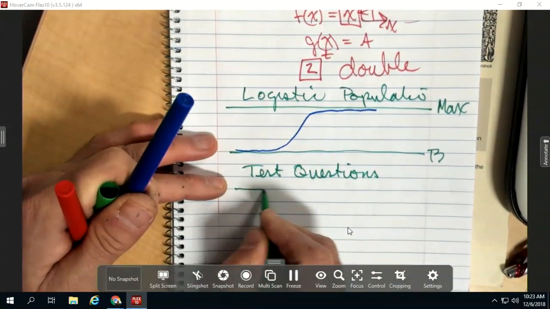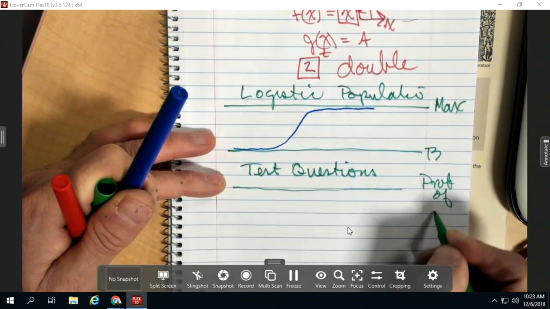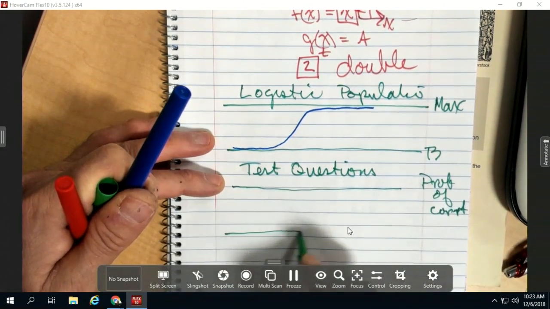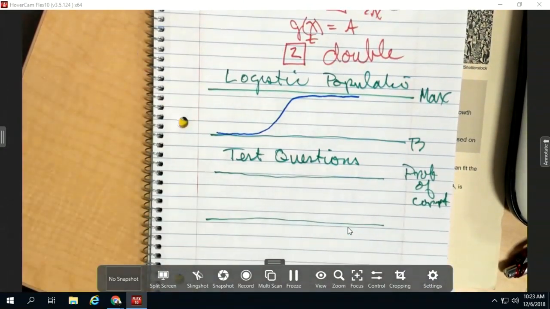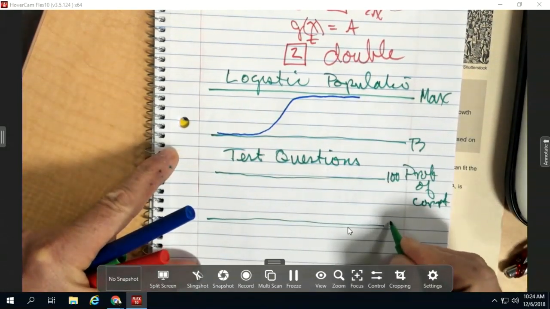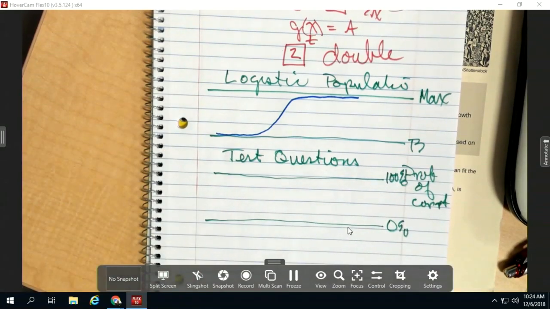Okay. This is the probability of correct. What do you know is going to be the maximum probability that you can have on a question? 100%, right? And you could have 0% chance would be the minimum. You can't get less than 0.